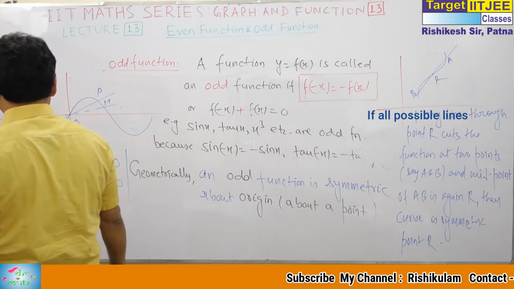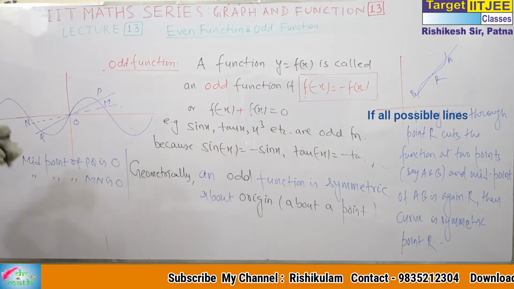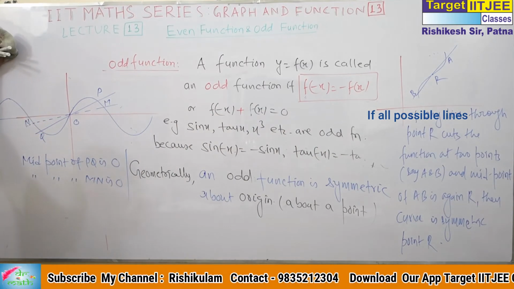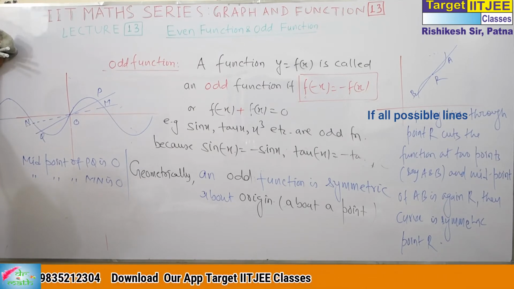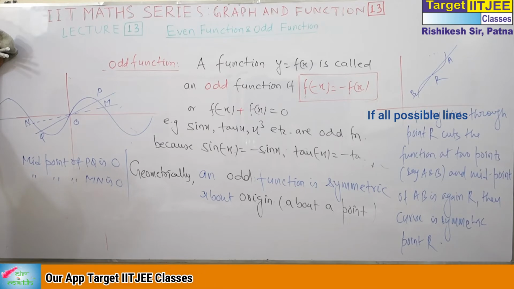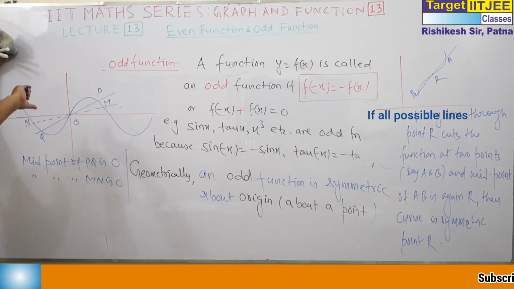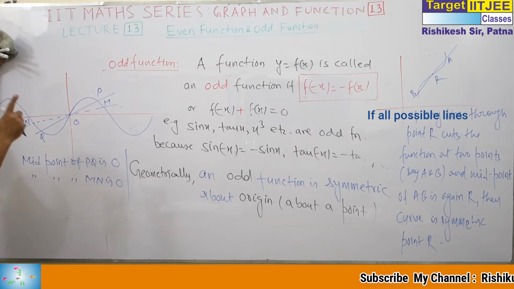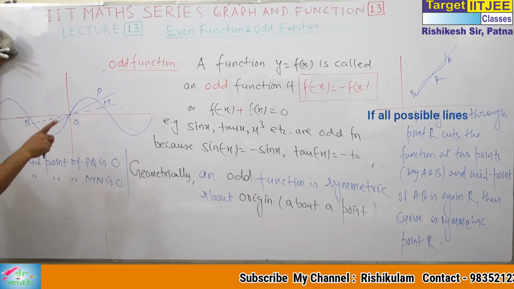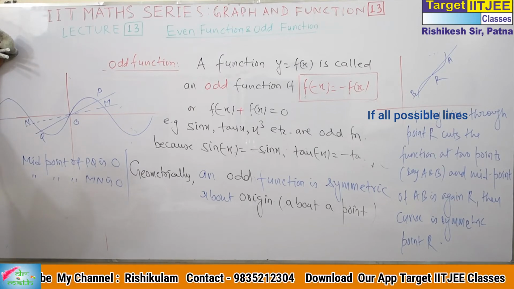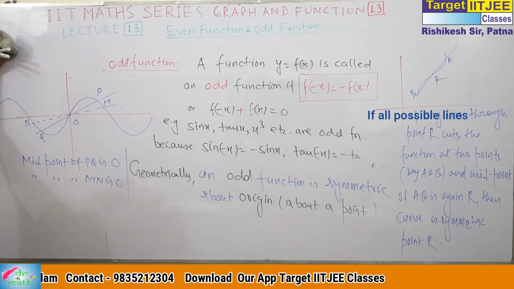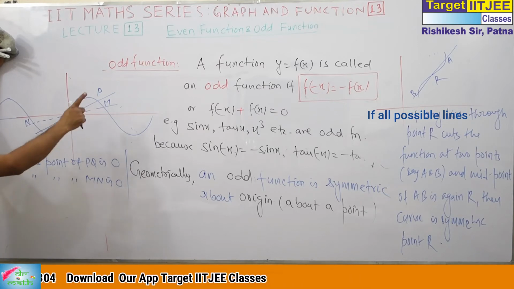There is one more meaning that relates to rotation, but I am not going into that meaning. If you rotate a curve through an angle pi and get the same curve, then it is also said to be symmetric about the origin.